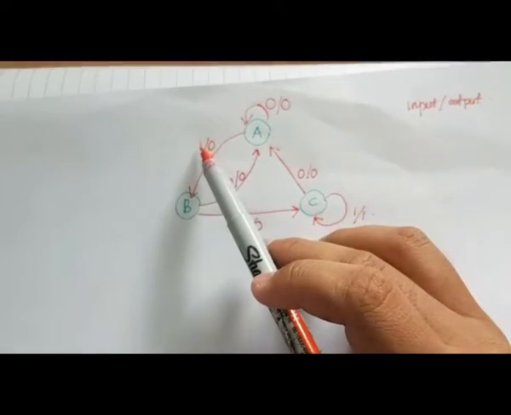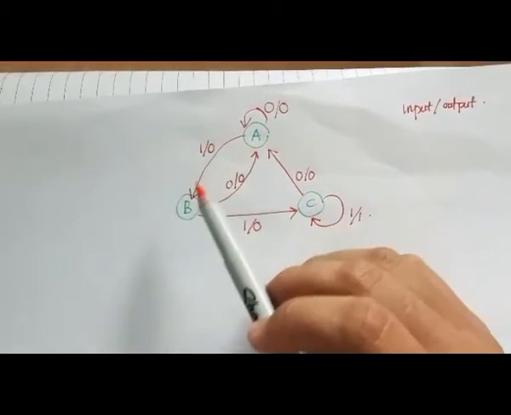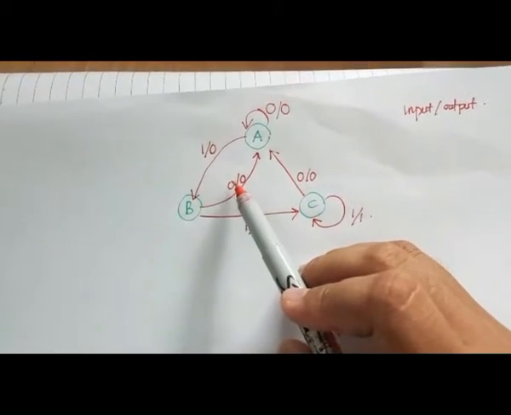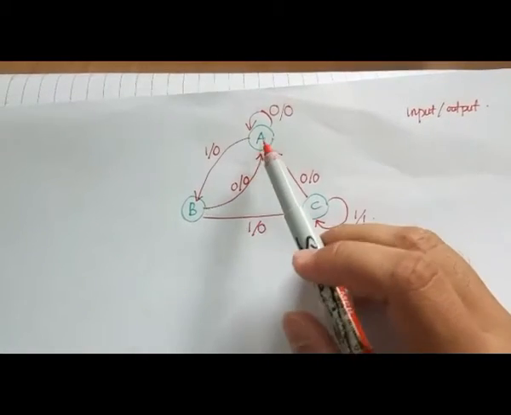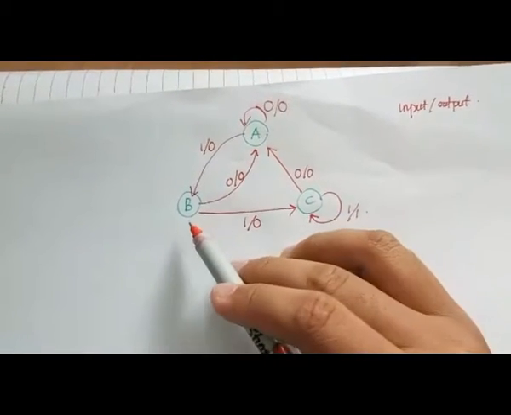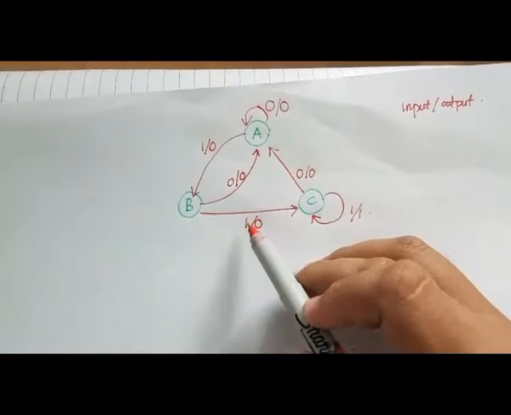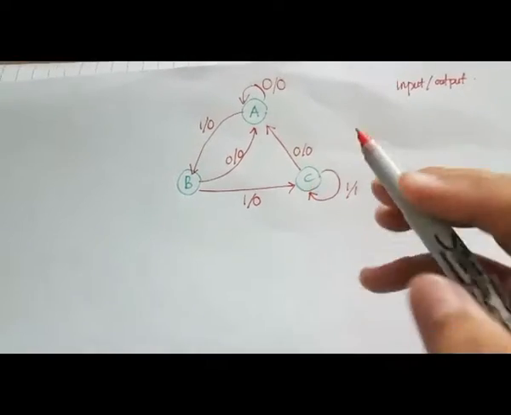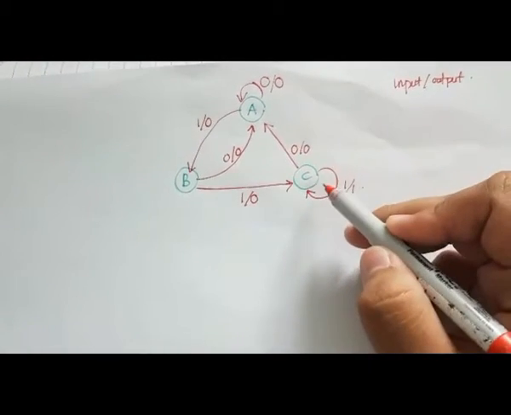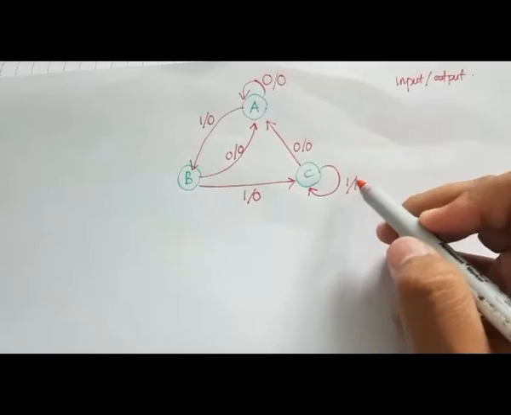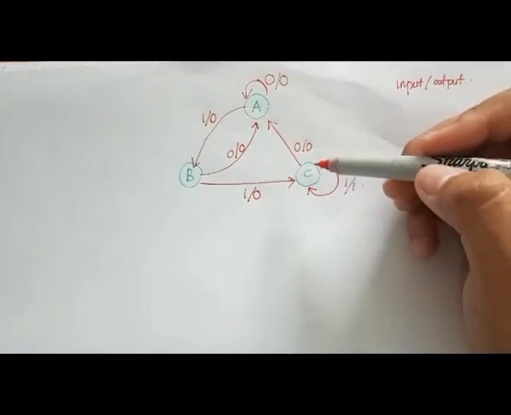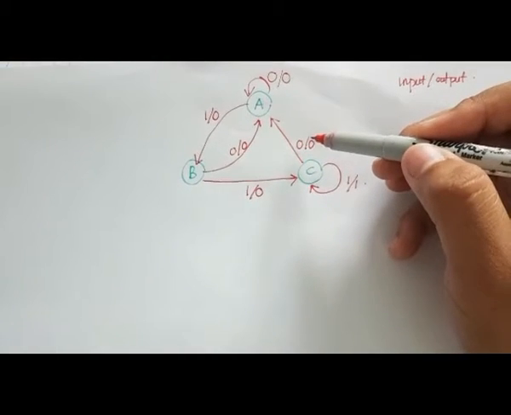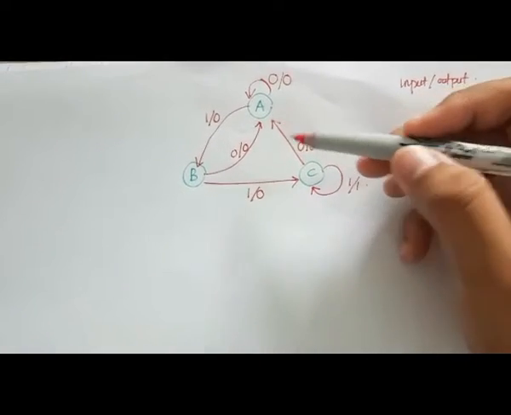For A, if the input is 1, the output is 0, and it will go to B. For state B, if the input is 0, the output is also 0, so it goes to A. For B, when the input is 1, the output is 0, so it goes to C. For C, when the input is 1, the output is also 1. Whereas when the input is 0, the output is 0, so it goes to A.